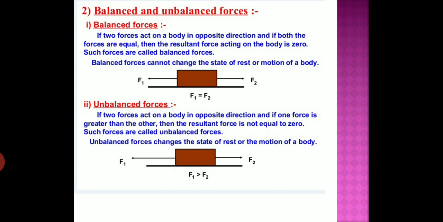If we apply a force by pulling the string F1, listen carefully, the block begins to move to the right. Suppose you stand in the F1 position and your friend stands in the F2 position.